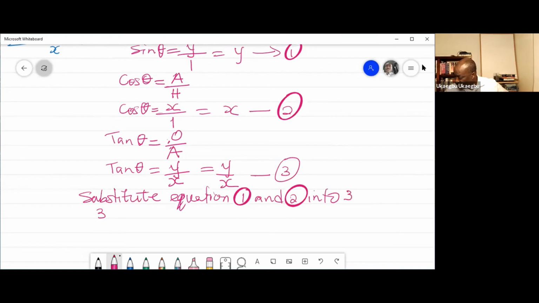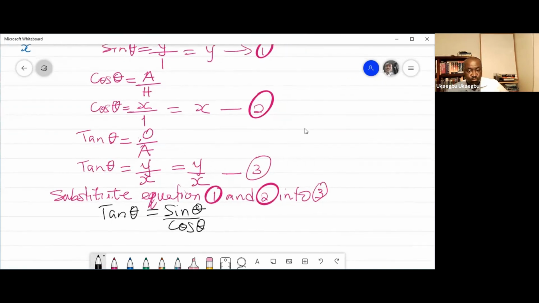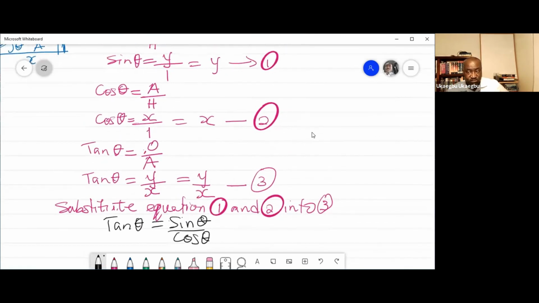What that means is that equation 3, tangent theta, is equal to sine of theta divided by cos of theta. That's what that means if we make that substitution. Okay. So by what we have just done so far, we have established the first trigonometric identity.